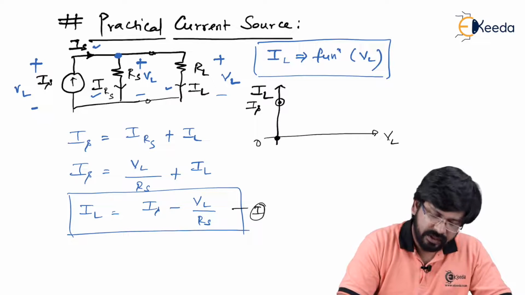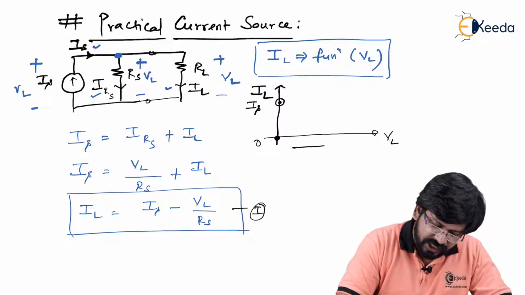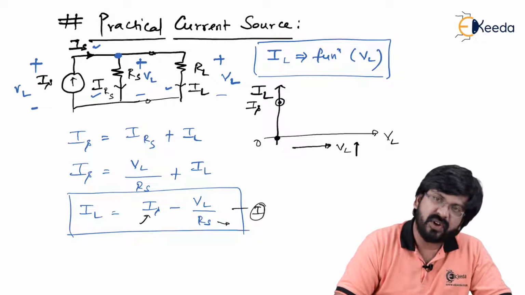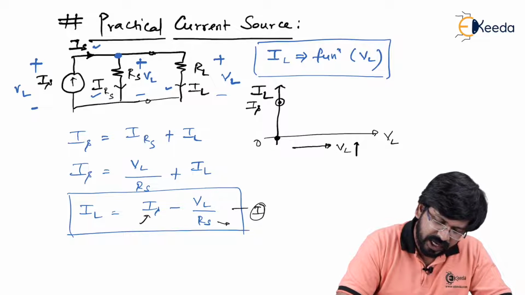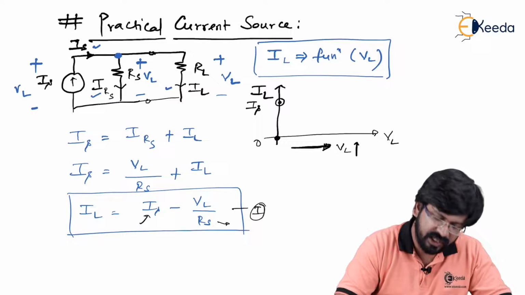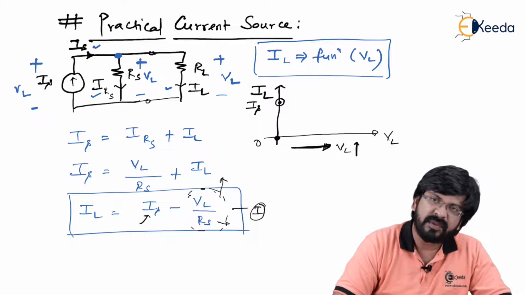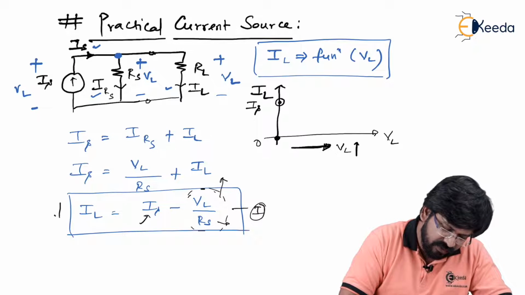Is that right? From this end, now VL starts increasing. As you can see in equation number 1, IS is constant, RS is constant, and VL is variable. As you can see, in this way VL is increasing. So if VL increases, I can say the second term will increase, more subtraction will happen, and effectively IL will reduce.